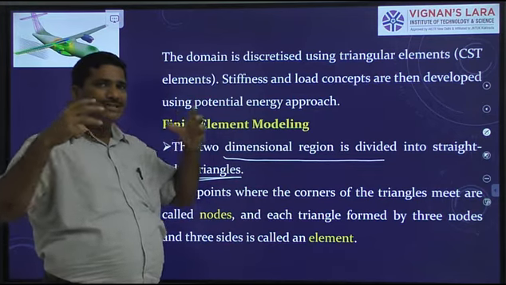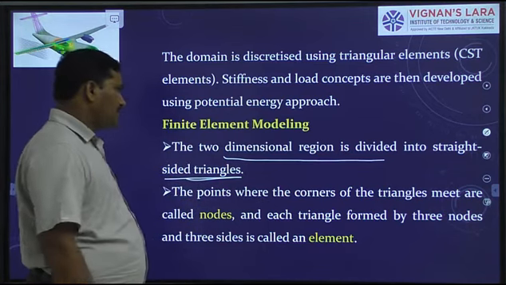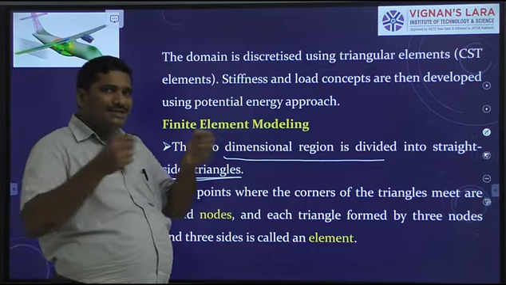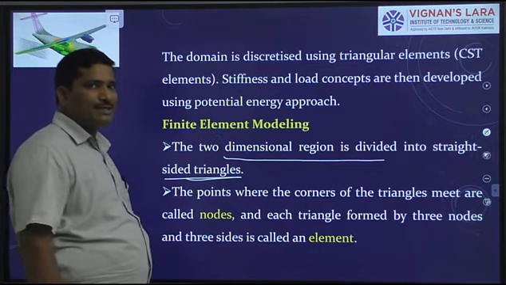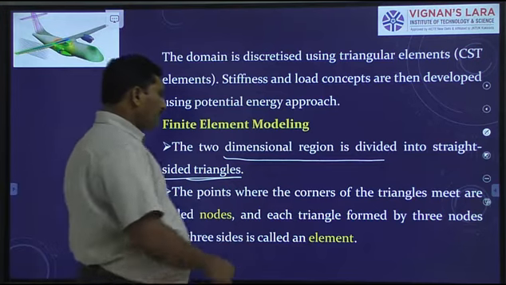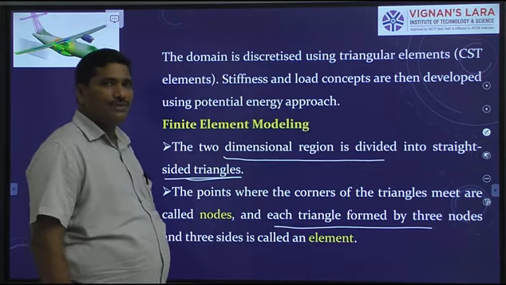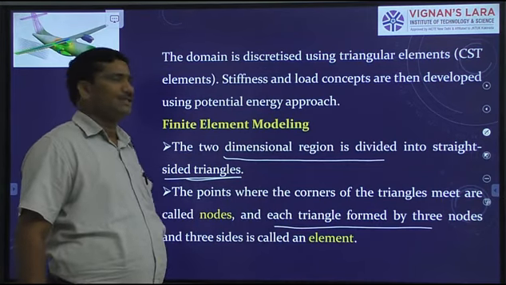Therefore, the triangles meet at the vertices, and each vertex we represent as a node. Each triangle is formed by 3 nodes, therefore it consists of 3 straight sides.